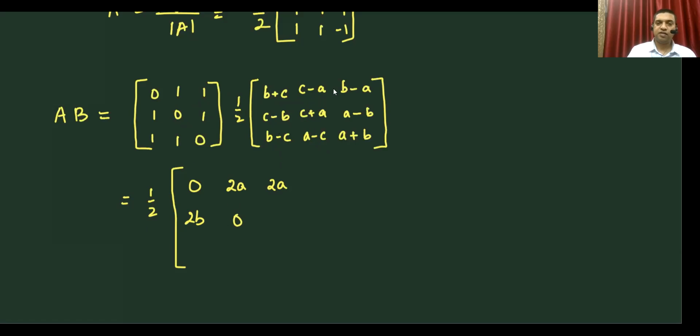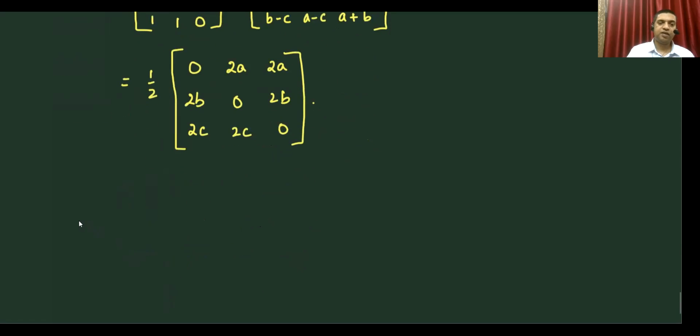The last one, you add 1, 0, 1. So B minus A, 0, A plus B. So A cancels, you get 2B. So similarly, you can guess the last one. Last row multiplied by the first column, you get 2C. Then multiplied by the second column, we again get 2C. Multiplied by the third column, we get 0.